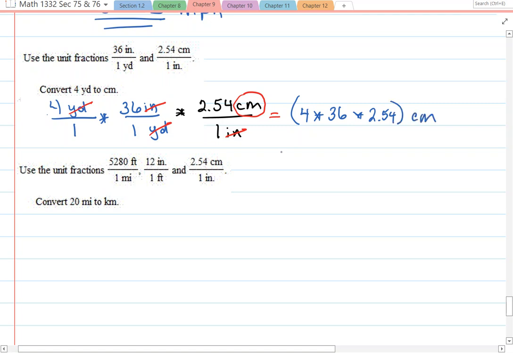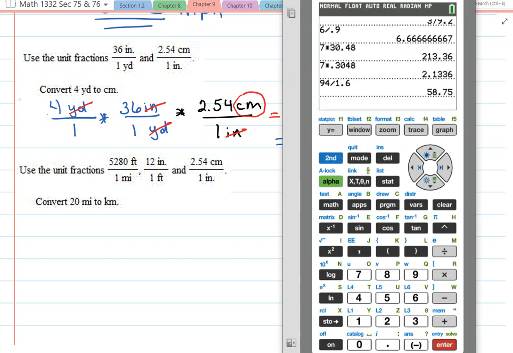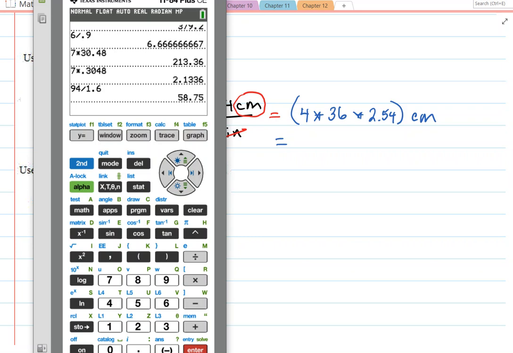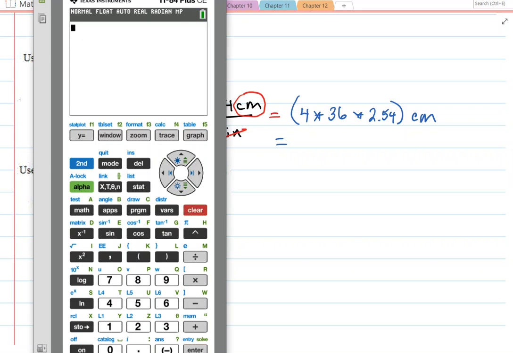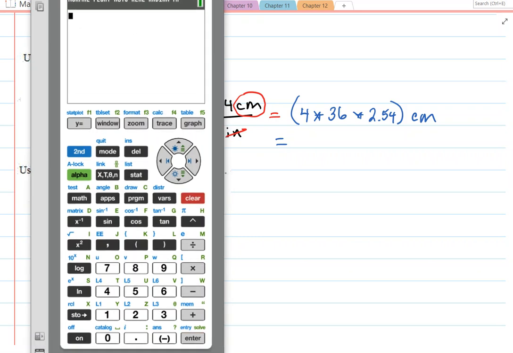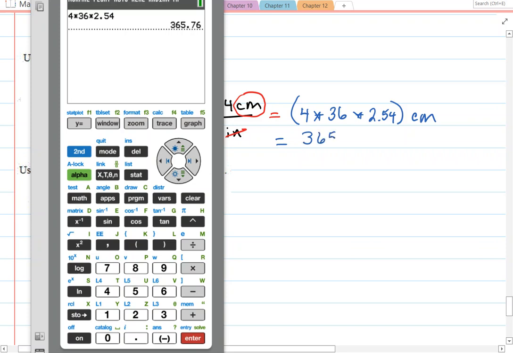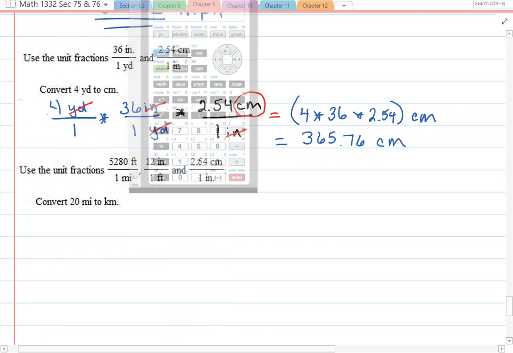And I'm going to stick that in my calculator. So I want 4 times the 36 times the 2.54. And I get 365.76 centimeters.